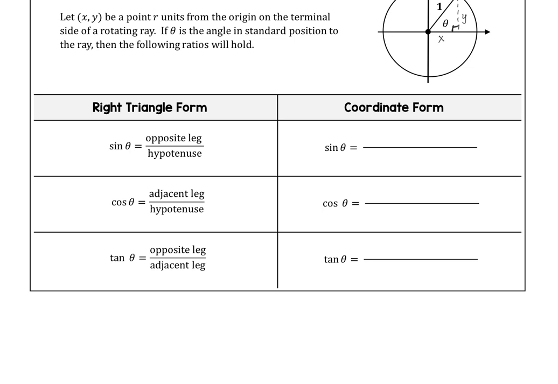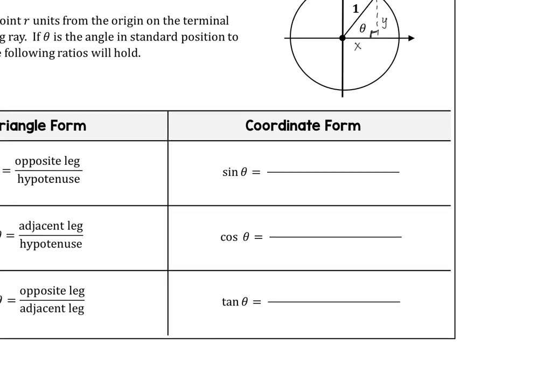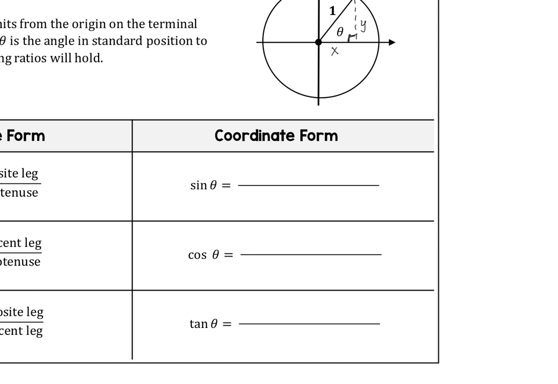So if we're looking at the right triangle form, we need to be able to convert those into coordinate form. Sine of theta we know is the opposite leg over the hypotenuse. In coordinate form though, it's our vertical leg over our radius, which translates to the distance of y over r.